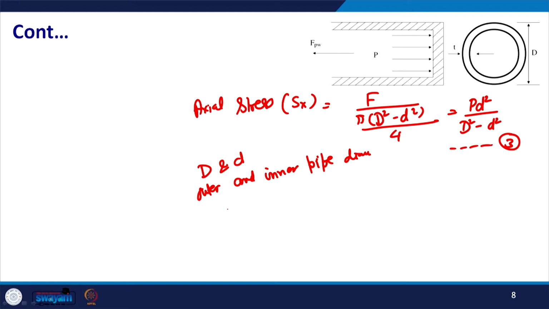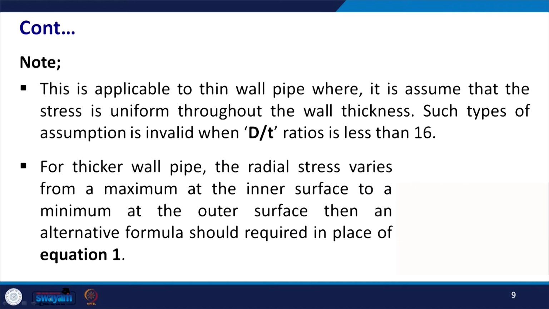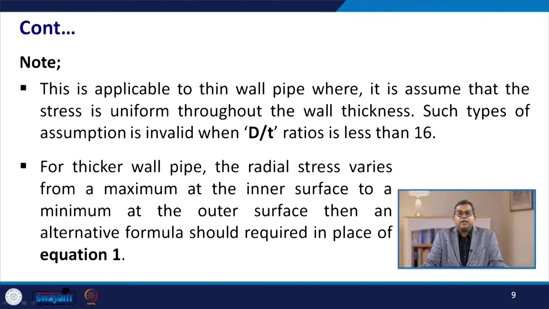The bending section modulus Z of a thin walled cylinder can be approximated, if we take r as the mean radius, as Z is equal to pi r square t, or Z is equal to pi over 32 times D to the power 4 minus small d to the power 4 upon capital D. This is applicable to thin wall pipe, where it is assumed that the stress is uniform throughout the wall thickness.